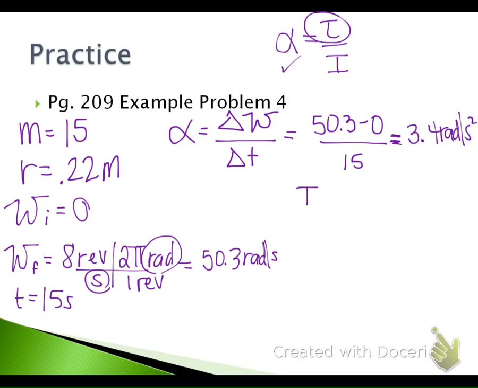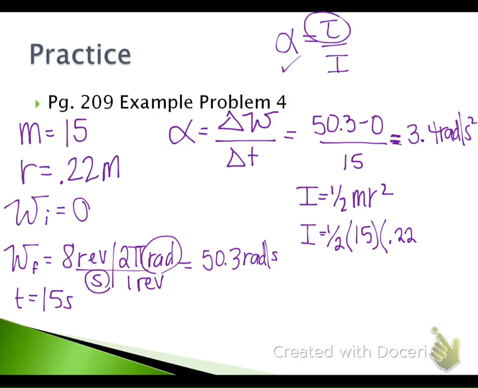So I equals 1/2 mr squared. We're actually going to use this one to solve for our moment of inertia, which is how much the object is going to resist that rotation. So I equals 1/2 times its mass, which is 15, times its radius squared.